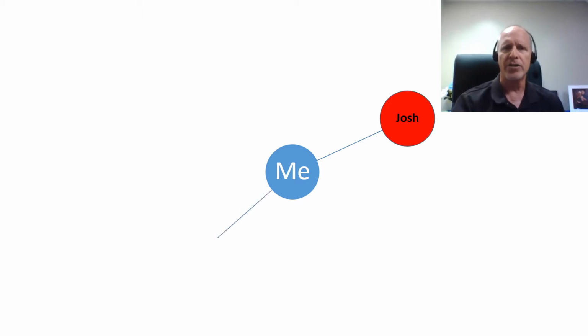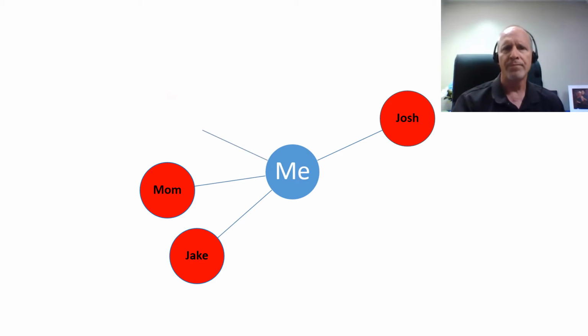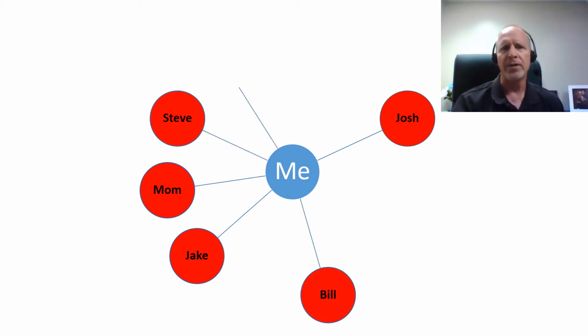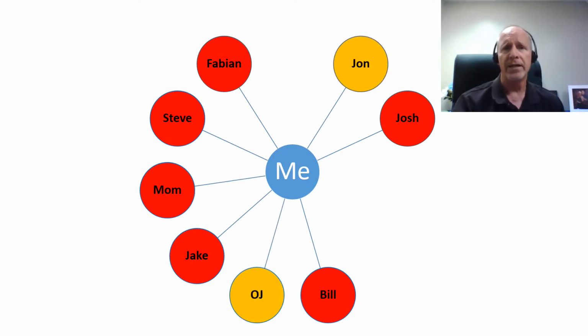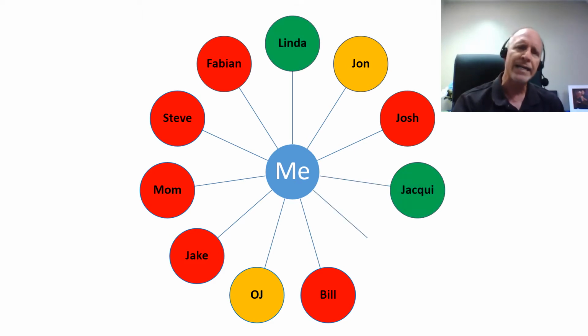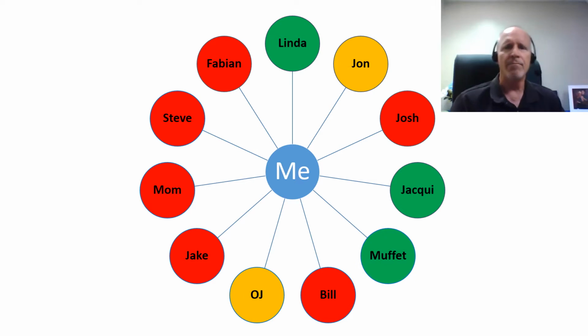They are my son Joshua, my other son Jacob, my mom, a good friend of mine named Steve, another friend of mine named Bill, a young man that I'm mentoring by the name of Fabian. In addition to that, I also have my third son Jonathan on there, another friend of mine by the name of OJ, my wife Linda, another friend of mine named Jackie, and another friend named Muffet.